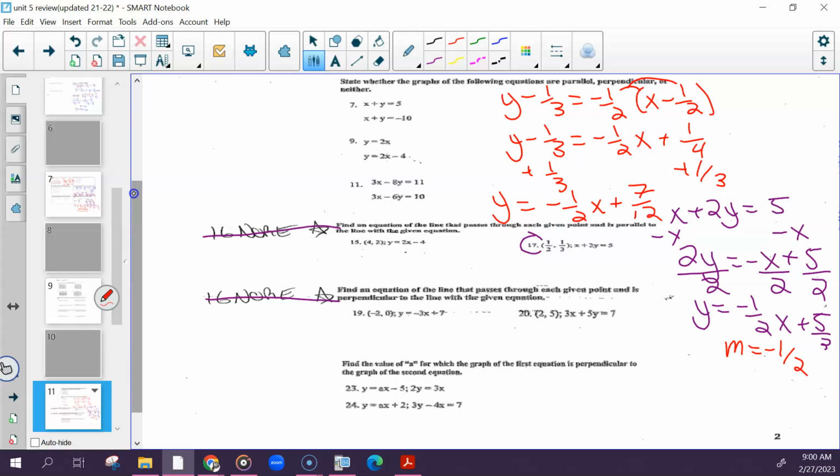Remember, sometimes you'll get fractions for your y-intercept, it just happens. Now, sometimes you may get that by accident, so be careful. Other questions here before we move on?